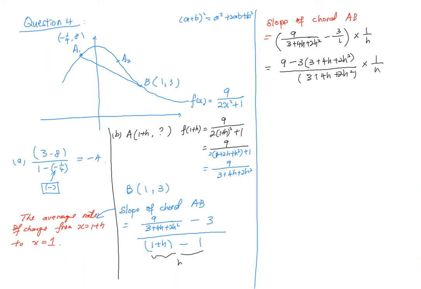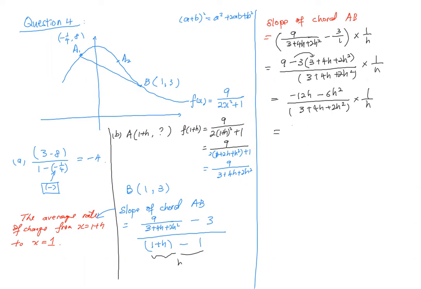So now you expand and you minus off 9 minus 9, no more. So I have negative 12h minus 6h squared divided by 3 plus 4h plus 2h squared, times 1 over h. So I factorize out.